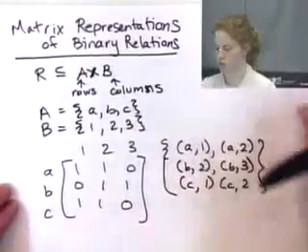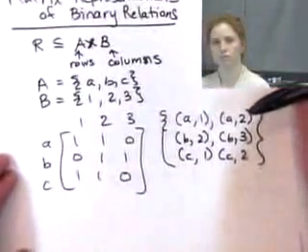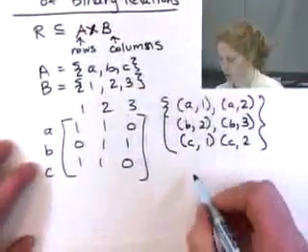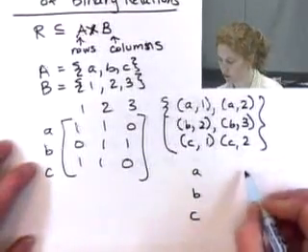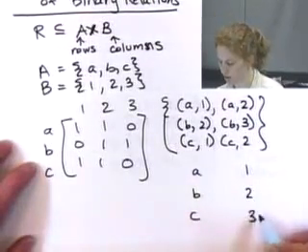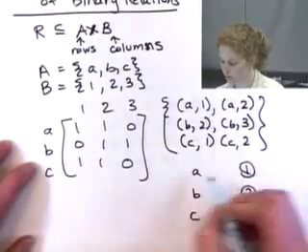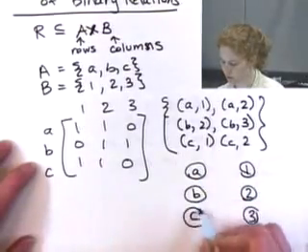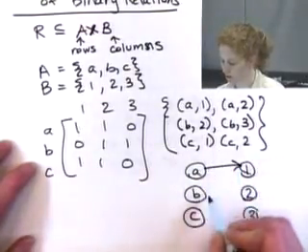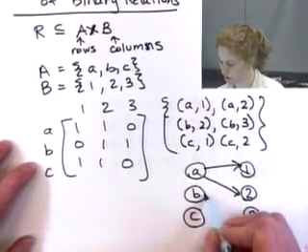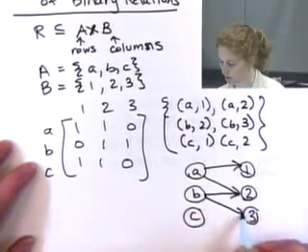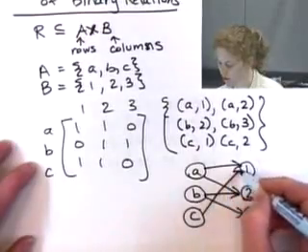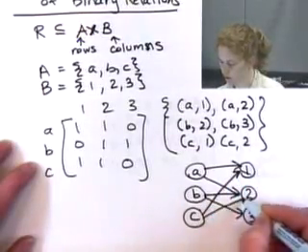So we can also draw a picture with this. If I put A, B, and C, and 1, 2, and 3, then I have A1, I have A2, I have B2 and B3, and I have C1 and C2.